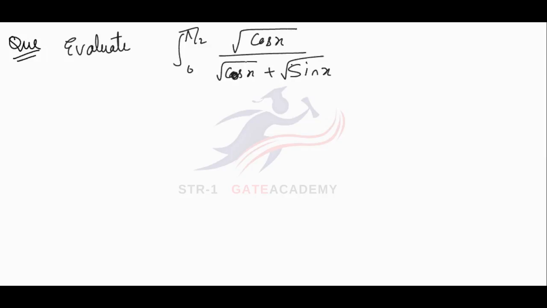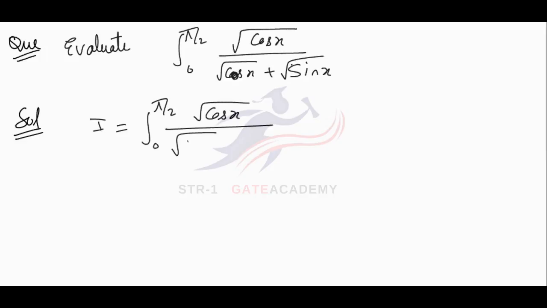Now it becomes very difficult to handle these under roots sometimes, so be careful. Typical method to solve this: let us say we represent this as under root of cos x upon under root of cos x plus under root of sin x.